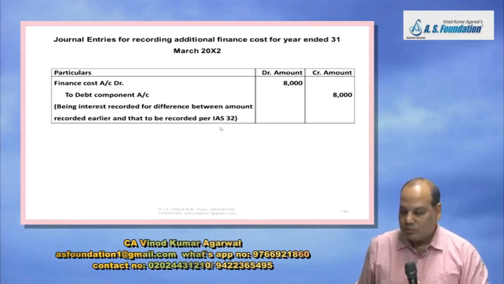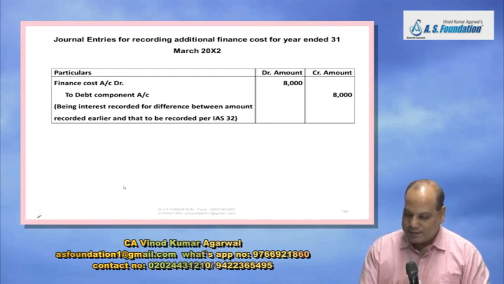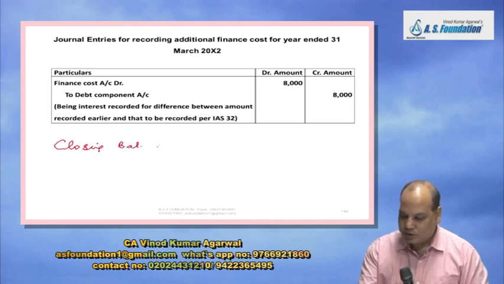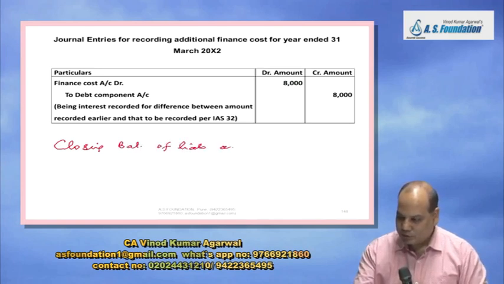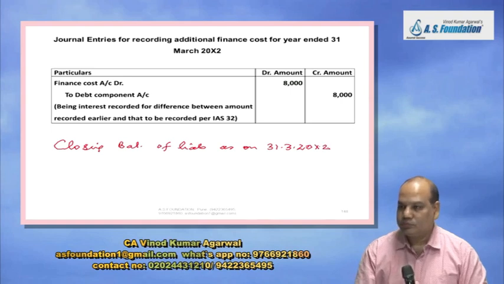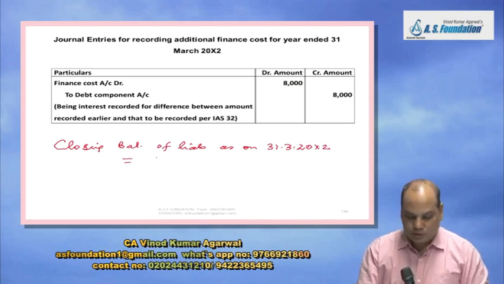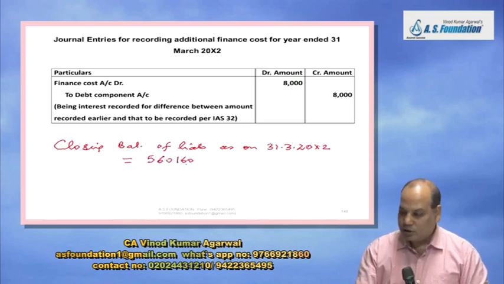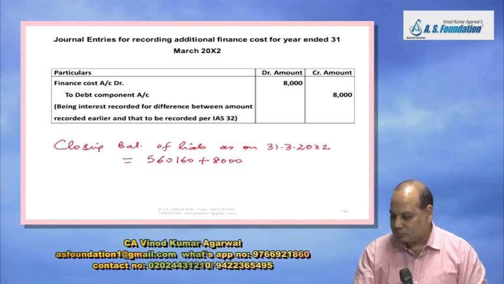Right. So what will be the closing balance of the liability? Sometimes they ask you what the closing balance of liability is. Write this also at the end. Closing balance of liability as on 31st March 20x2. The opening balance you have said is 5,60,160, plus this 8,016.